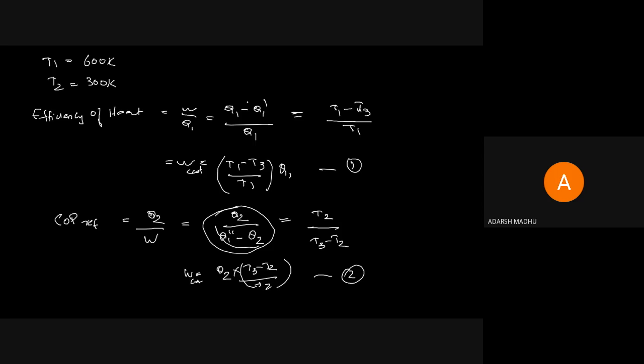That is, T1 minus T3 divided by T1 into Q1 equals Q2 into T3 minus T2 by T2. That is the equation we have written, and we are equating them.